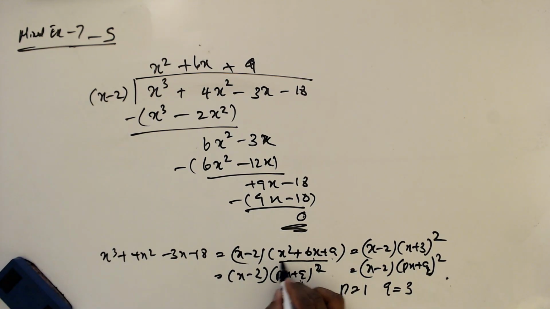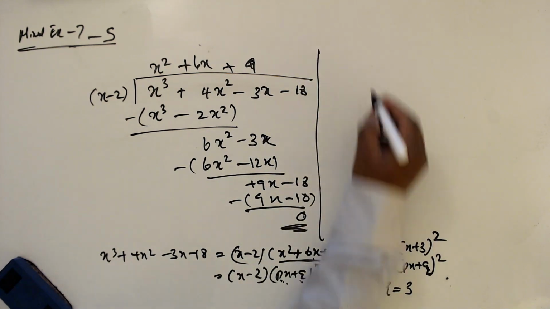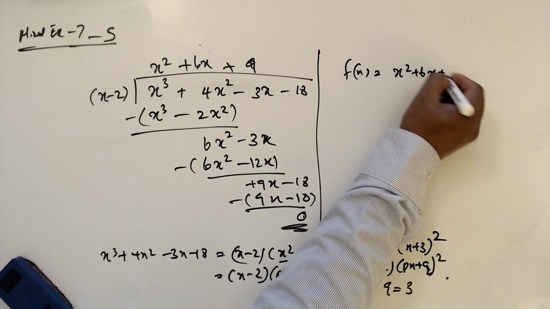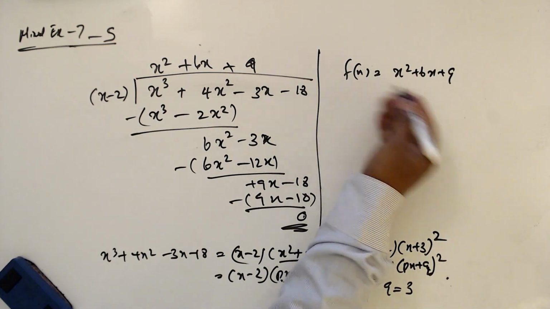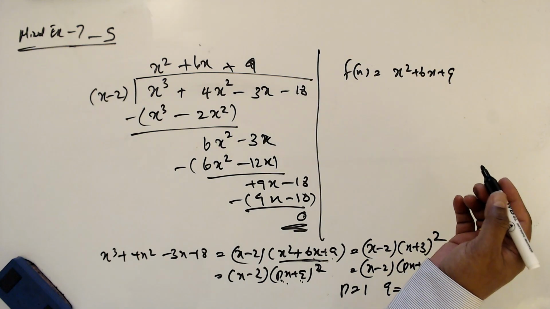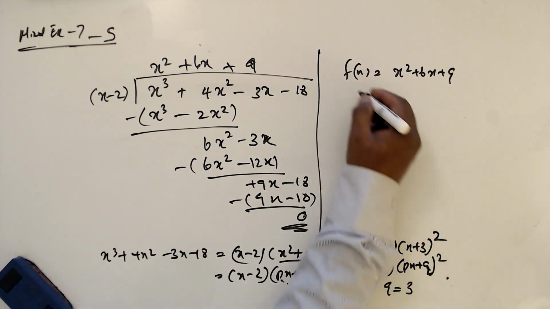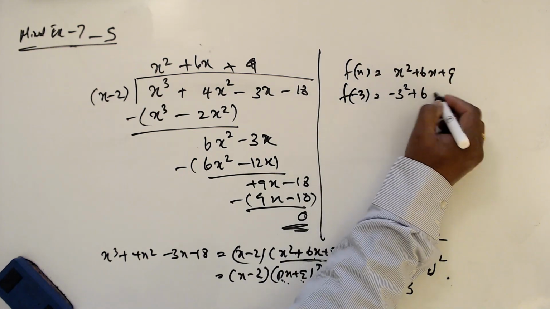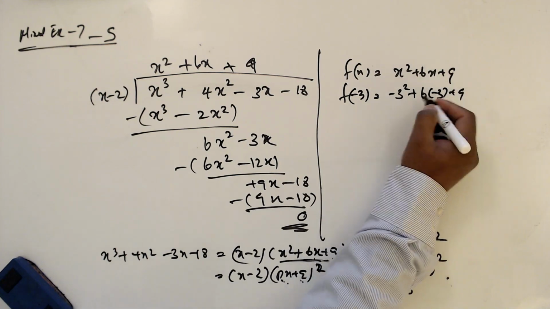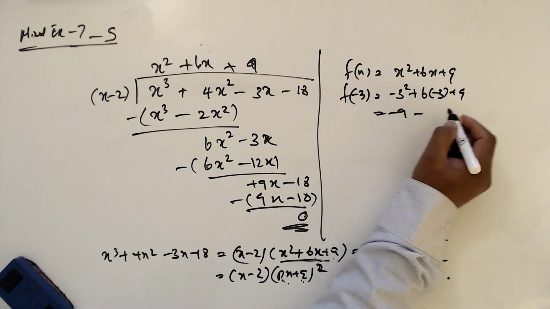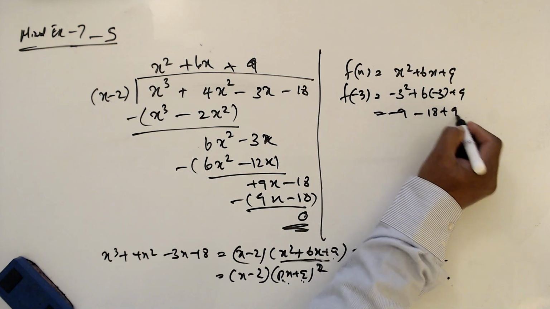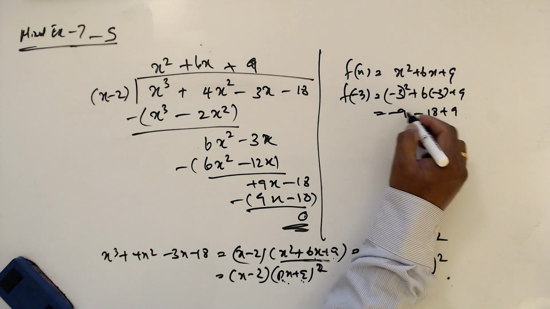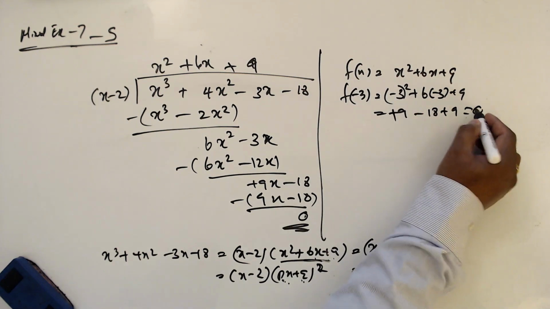If you want to factorize and you are not sure, take this one as fx equal x square plus 6x plus 9. Then try numbers, and when you substitute minus 3, f minus 3 becomes minus 3 square plus 6 times minus 3 plus 9, which is 9 minus 18 plus 9, which is equal to 0.